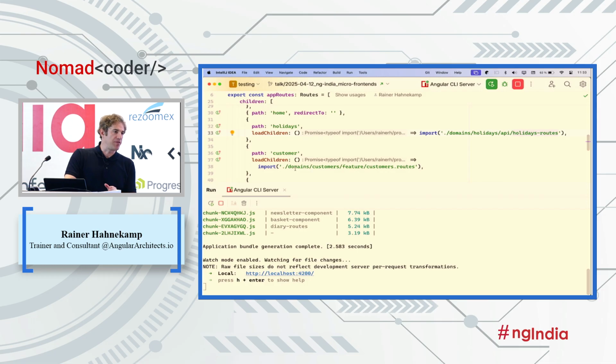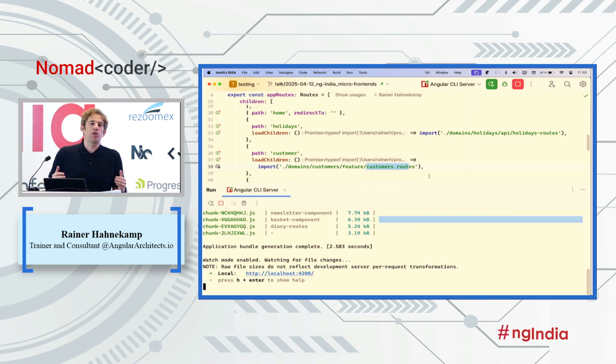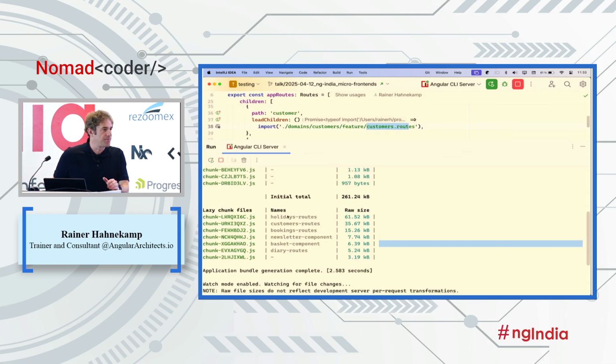And the advantage of that is that during the build process, Angular says, I'm taking these customer routes with all its dependencies, and I'm not including it in the main bundle, but I'm just including it in a separate JavaScript file, which is then loaded once the user goes to this route. And we also see this here in the build. So you always have here the list of all the lazy loaded chunks that you have, customer routes, booking routes, all of that.